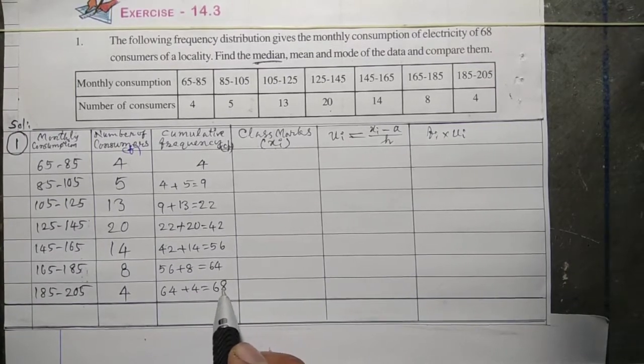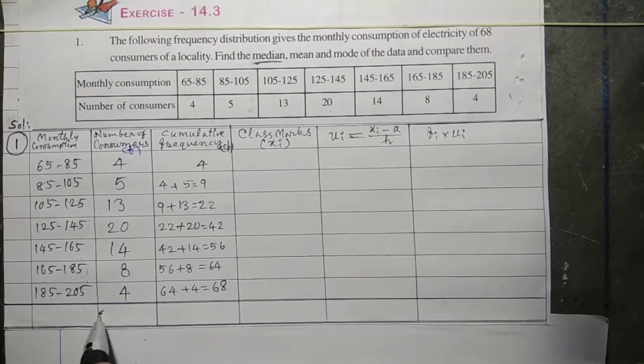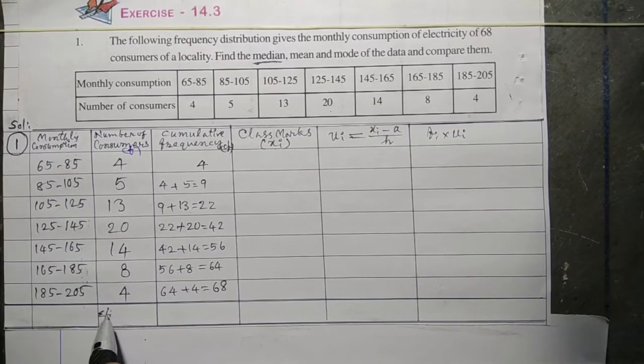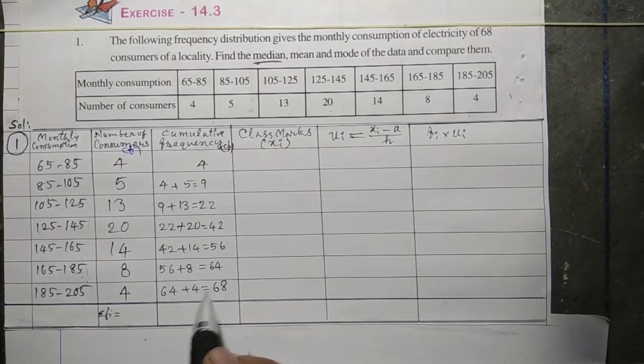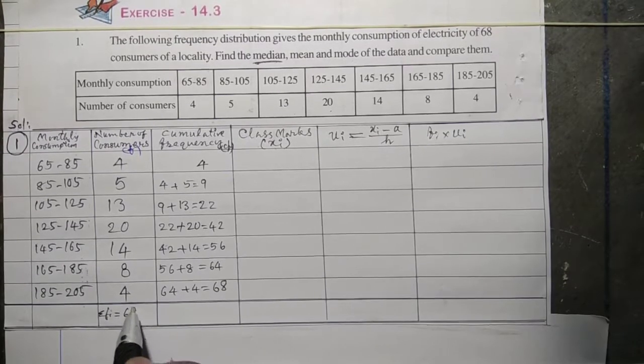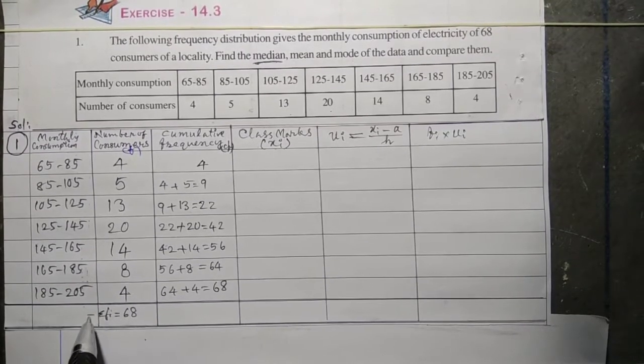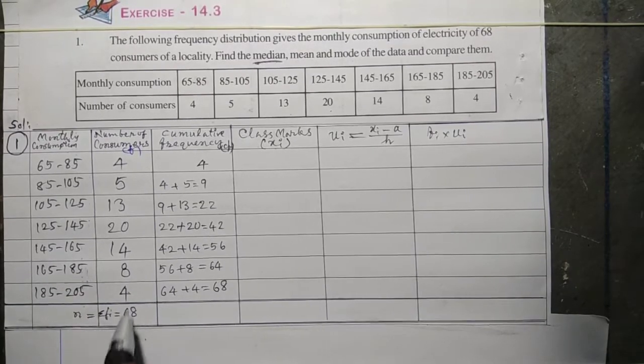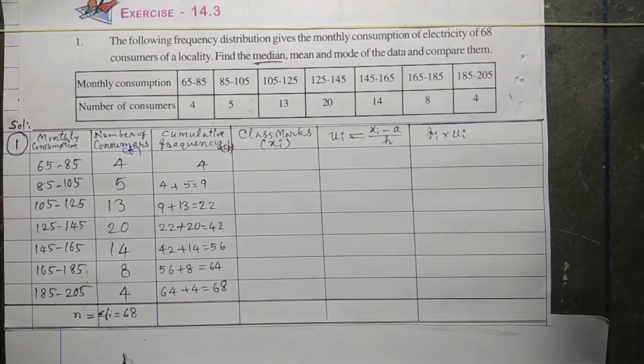So this 68 indicates the number of frequencies, the sum of the frequencies, sigma Fi is equal to 68. This is also known as n, the sum of frequencies.